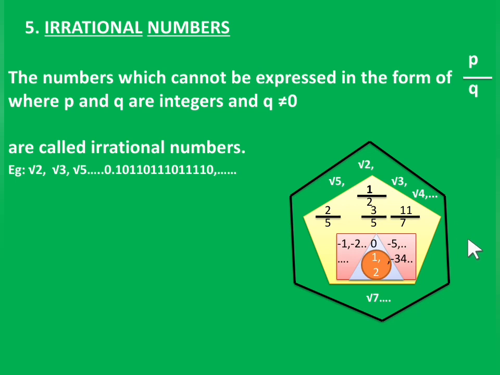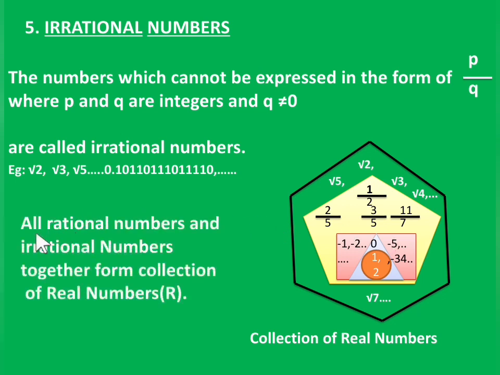So this is the set, or the collection, of real numbers. All these numbers are called real numbers. So all rational numbers and irrational numbers together form the collection of real numbers.